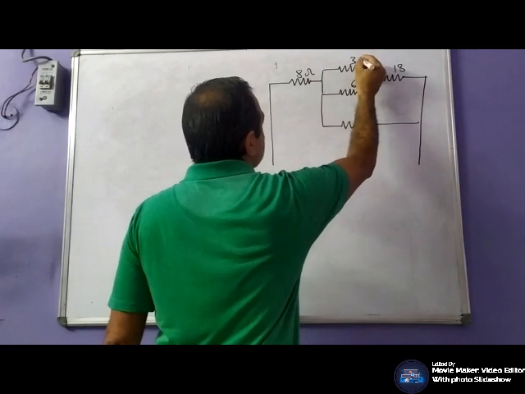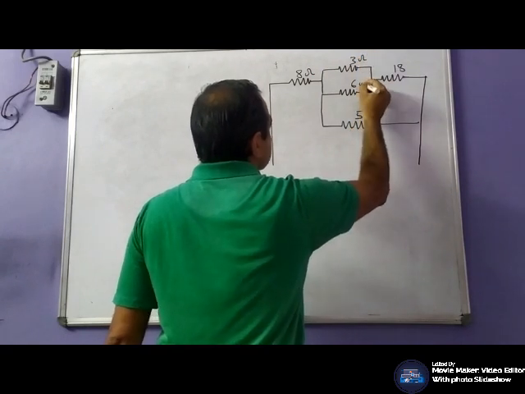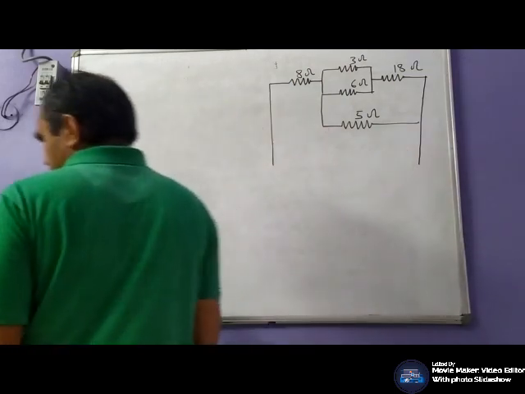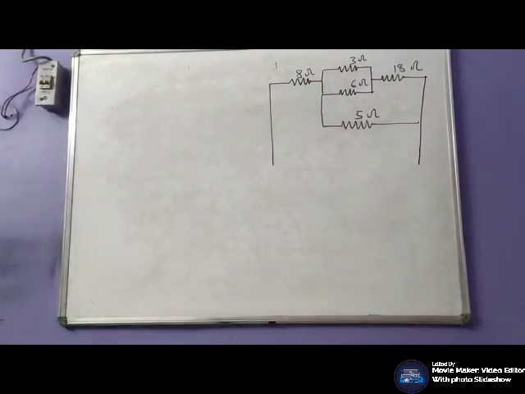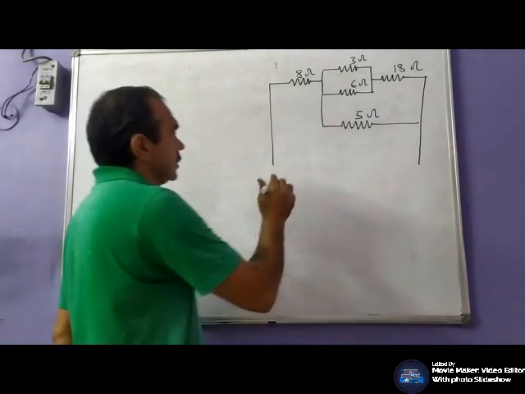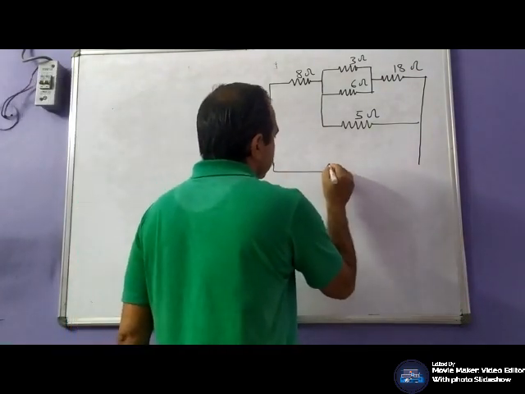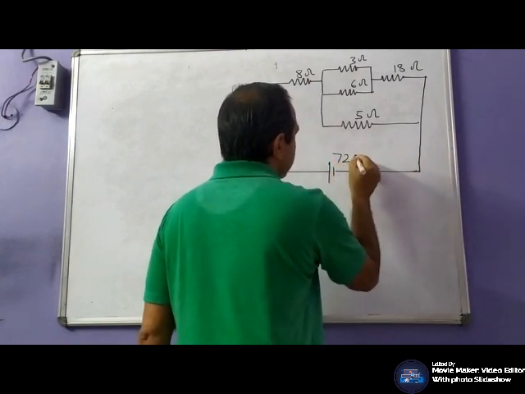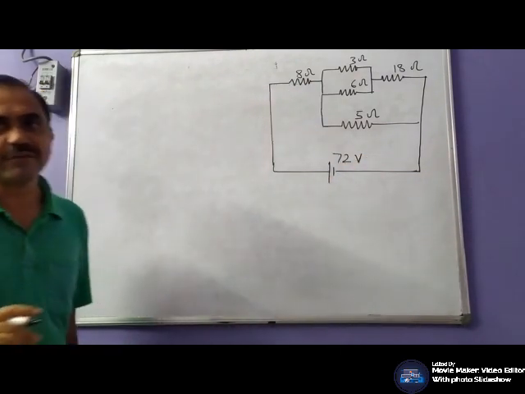The resistances are 8 ohm, 3 ohm, 6 ohm, 5 ohm, 18 ohm, and this is connected with a source of 72 volt.